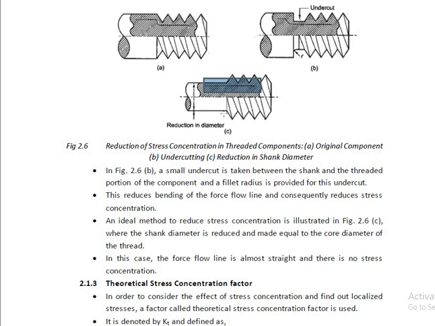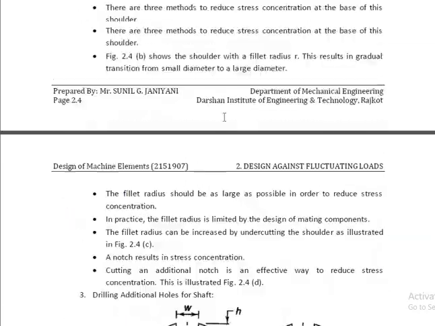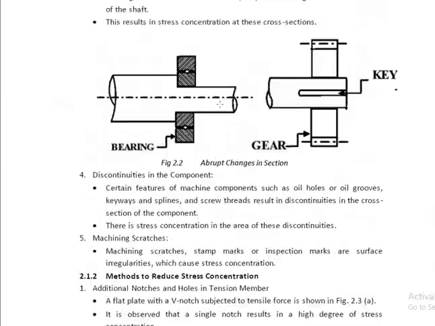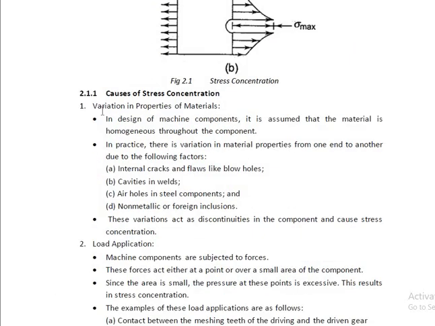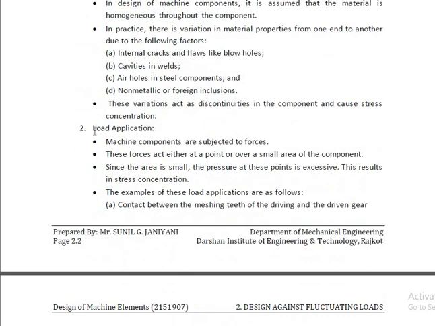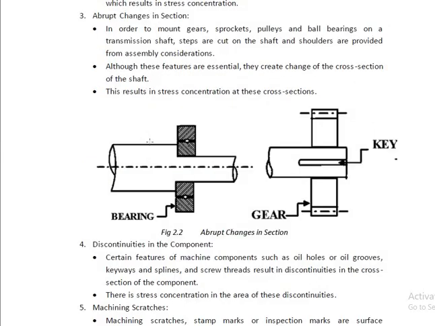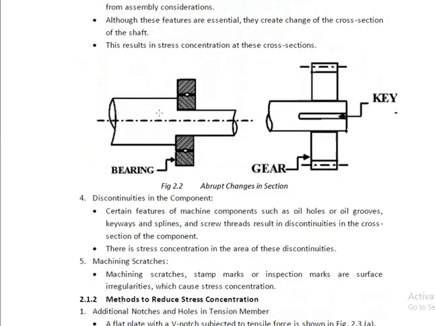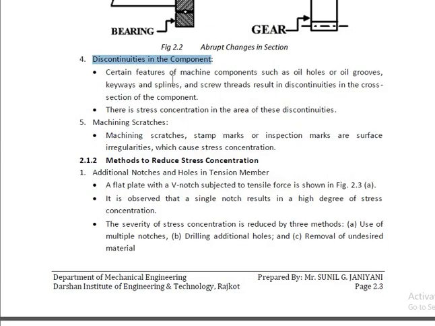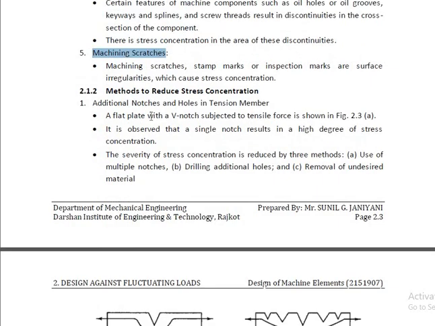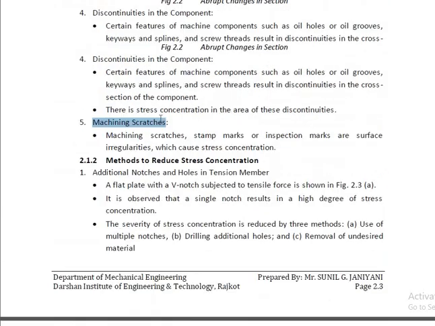So today we have seen what is meant by stress concentration, how stress concentration is caused, the concept of stress concentration, and the different causes of stress concentration. The causes that we have seen are variation in the properties of the materials due to the uneven application of load, abrupt changes in the section, discontinuities in the component, and machining scratches present on the component.